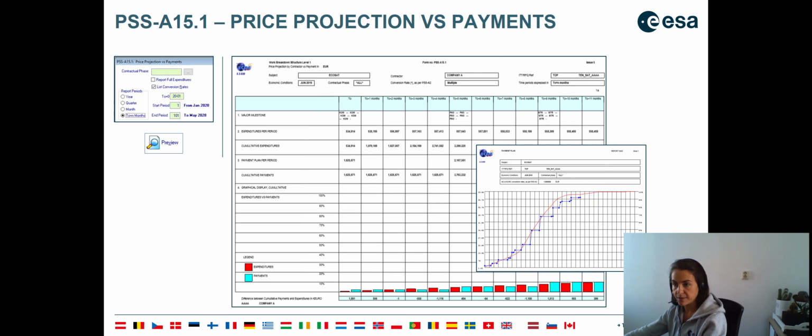It's actually a good practice. And you can also find a way to report, split it by year, quarter, months of T0 plus N. So in this case, it depends. I think T0 plus N is always a good way to show the reporting per month. I think in my case for this training, I've done it per year. And you can also choose here your start and end period.